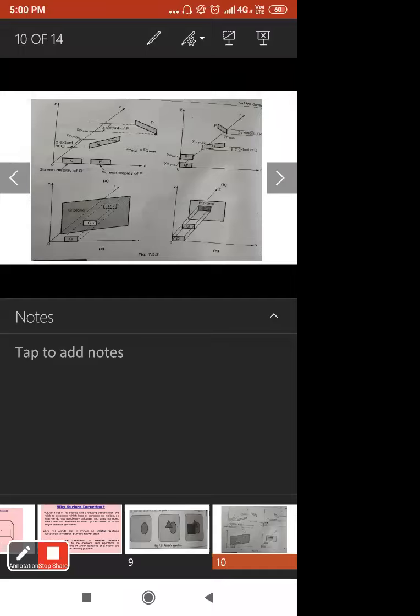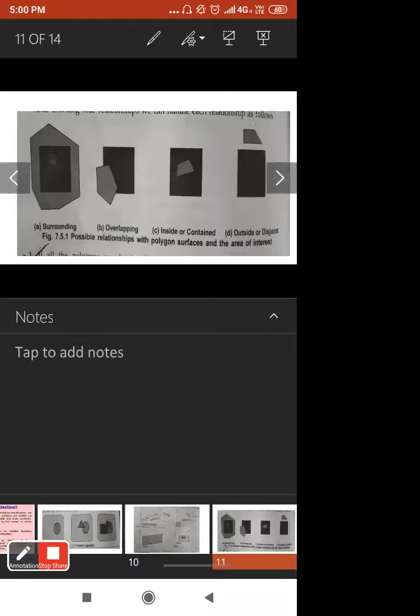Okay, then the second algorithm is Warnock's algorithm, also called the area subdivision method. In this, we have some area of interest, and through that area of interest we are going to find out which surfaces are visible to us and which are the back faces.